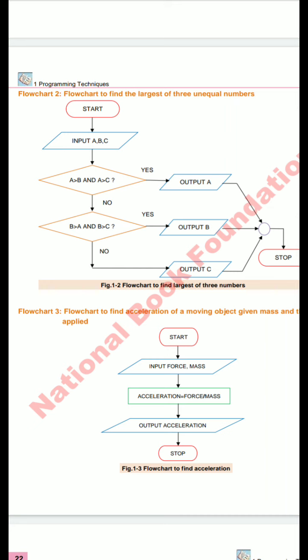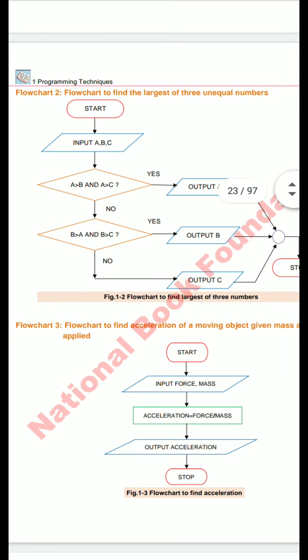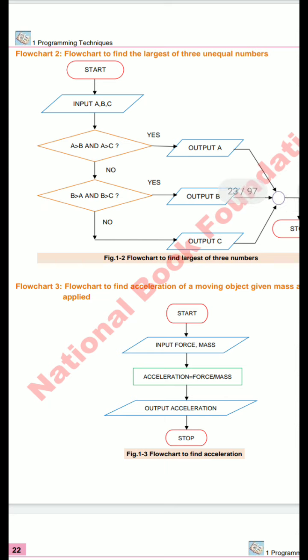Now the input is 3 numbers A, B and C, and next we will use a decision box as processing. Decision box means if A is greater than B and A is greater than C, it means A is greater than both B and C, then your answer will be output A.